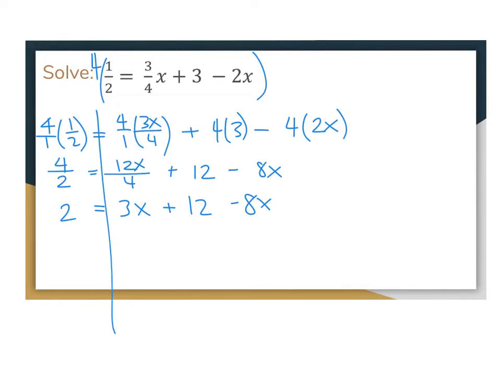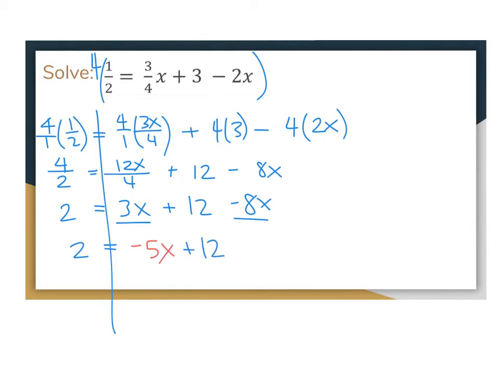Okay. So now that I'm moving things to both sides, I add my line. So because I have a 3x and a negative 8x on both sides, I can zero pair 3 x's out because I'm going to combine like terms. So I have a 2, I leave the 2 by itself, and then I end up having negative 5 x's left plus 12.